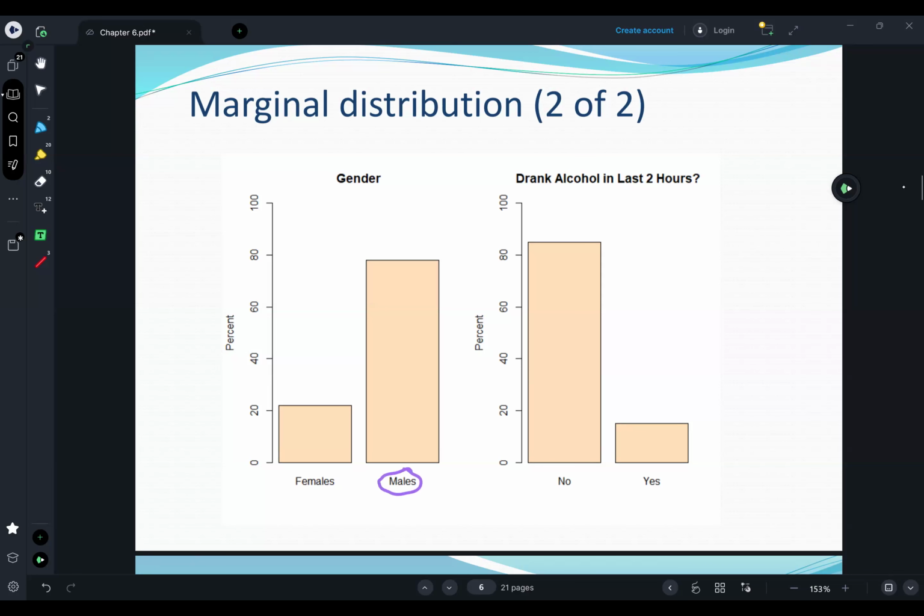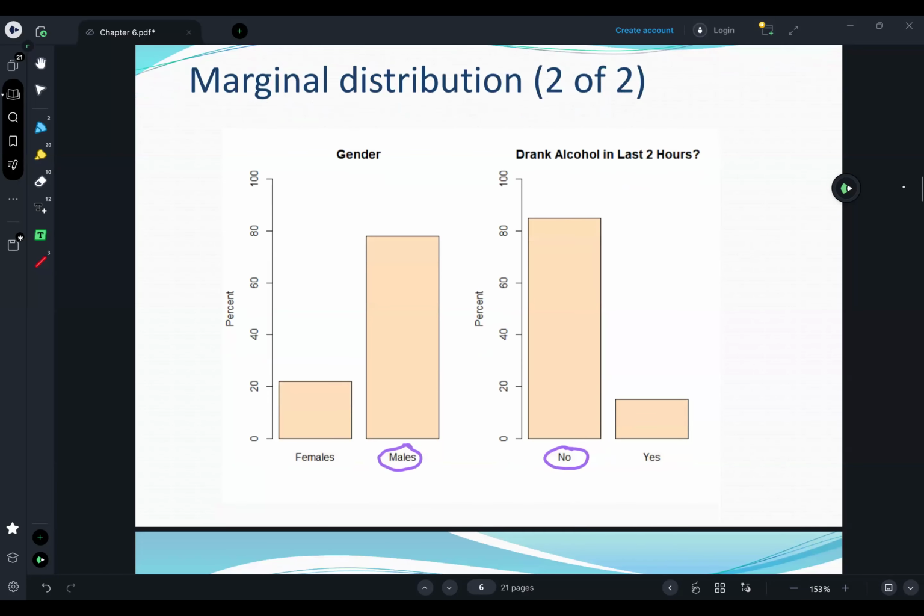So this is when we study each categorical variable separately, one at a time. When we want to study them together, we put them into the two-way table and compare the percents.